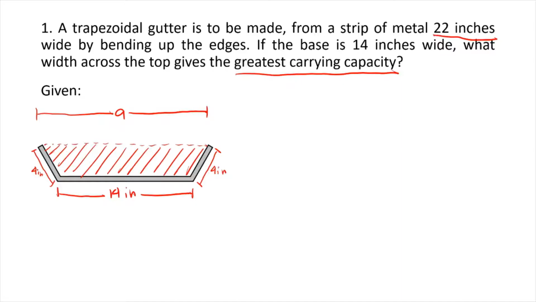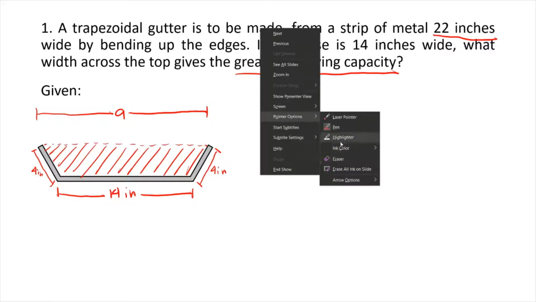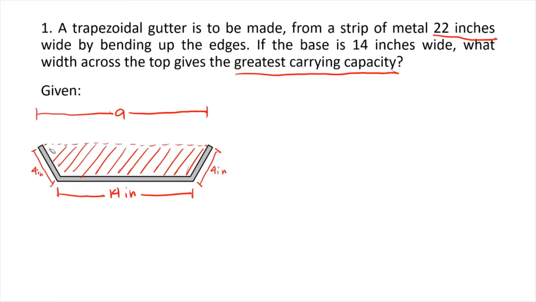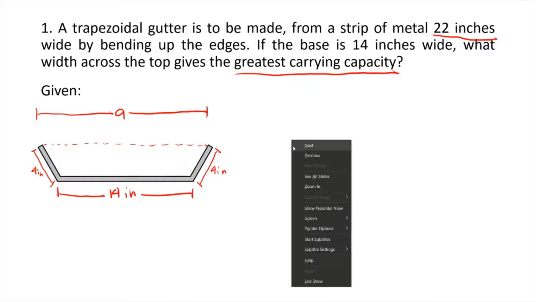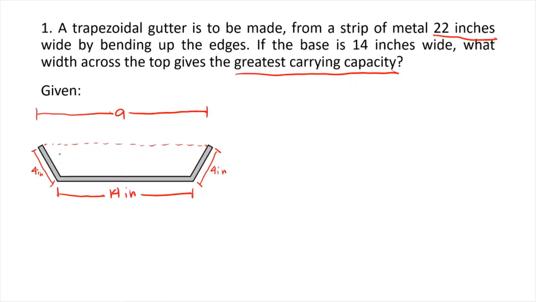This means that we need to maximize this area here to maximize the capacity of the trapezoidal gutter. Now we can divide this area into 3 parts. We have a triangle portion here, a rectangle, and then another triangle, which is equal to the area here, right?